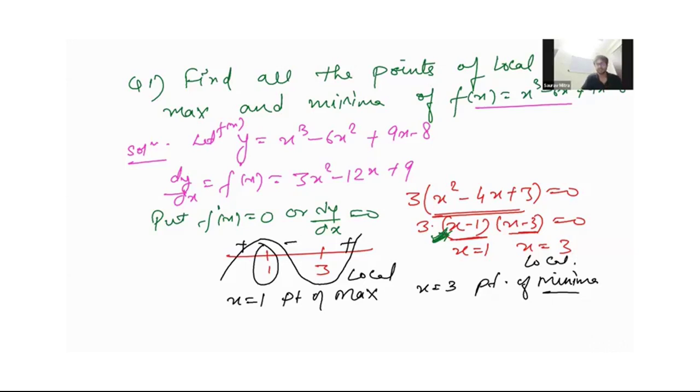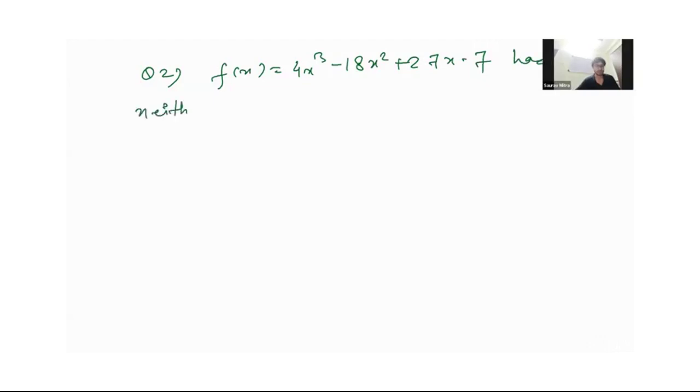So now let's check the other example, which was point of inflection. Okay, so we will see that through this question. If f of x equals 4x cube minus 18x square plus 27x minus 7 has neither maxima nor minima.